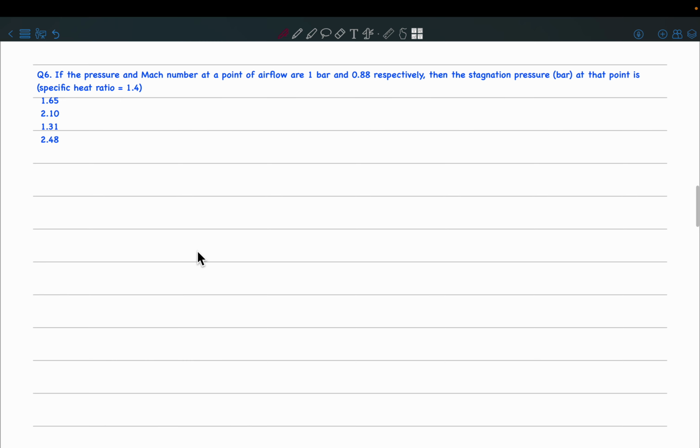Okay, so we are given the pressure and the Mach number. So pressure is given to be 1 bar, Mach number is 0.88. Then the stagnation pressure at that point is going to be what? So what is the relation of P naught with the static pressure?